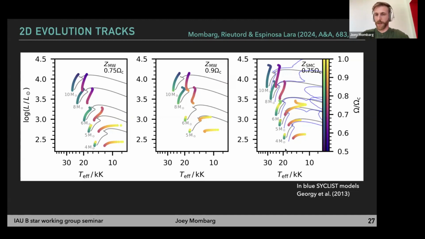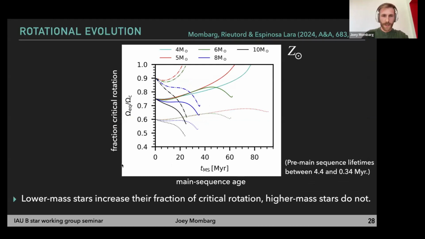For these 1D models, they don't spin up to critical rotation, while for our 2D models we find that in some cases they do. But it's more interesting to see it in this way. Here I'm plotting the fraction of critical rotation rate versus the main sequence age.